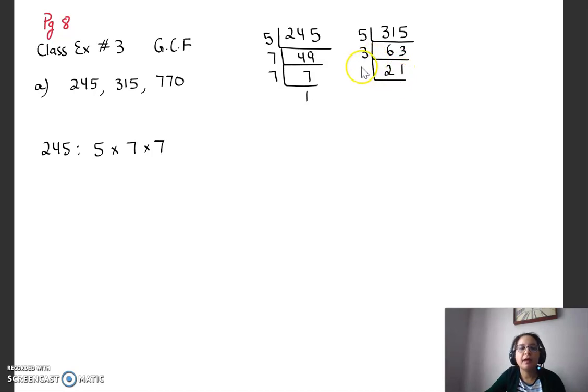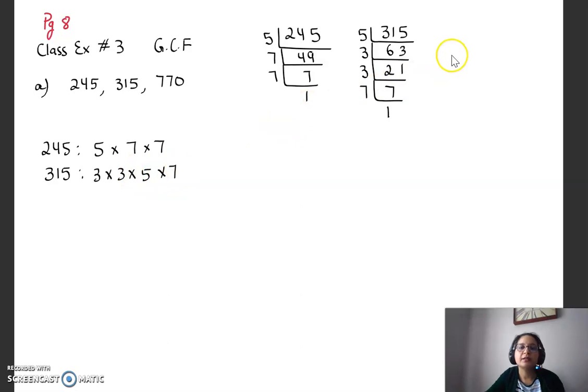That can again be divided by a 3, gives me a 7, and then by a 7 gives me 1. So that's one way of doing it. You may have started by dividing by a 3, which also works, but that's another way of doing the same question. So if I organize this a little better, it goes 3 times 3 times 5 times 7.